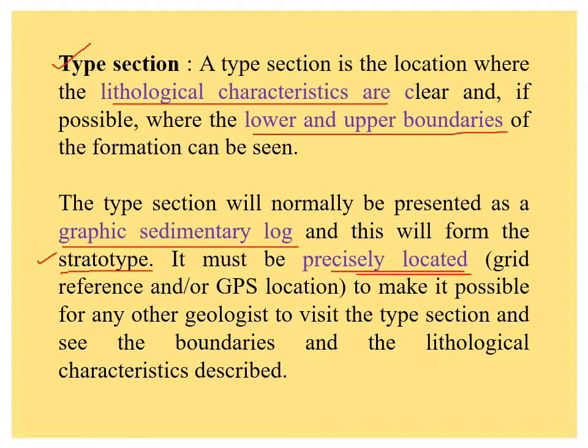Nowadays, geographic location can be easily given with the help of GPS, and not only the GPS, we also have to give the geological location with the directions, roads, and nearby areas, along with the latitude and longitude, for depicting any formation.